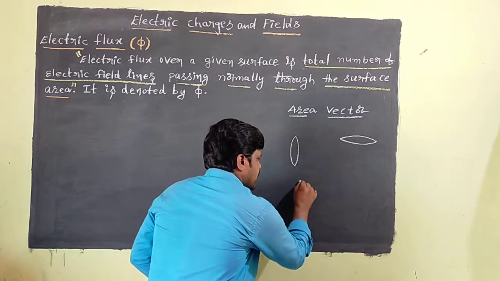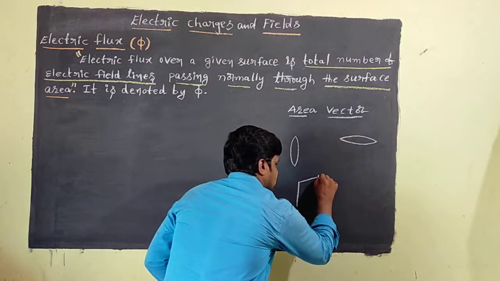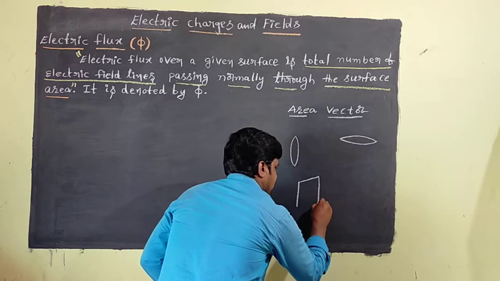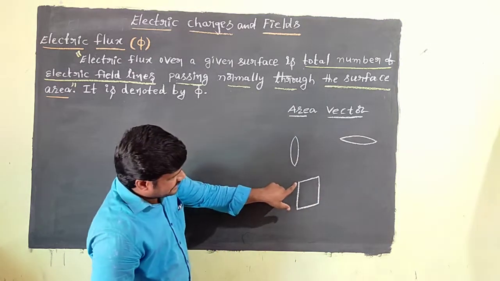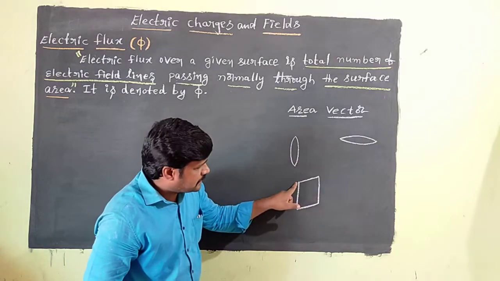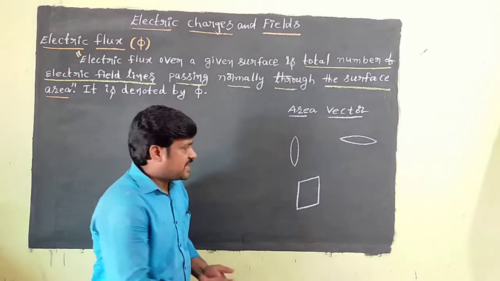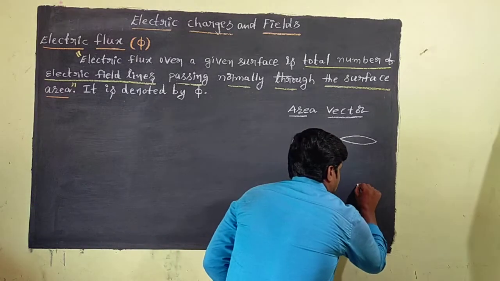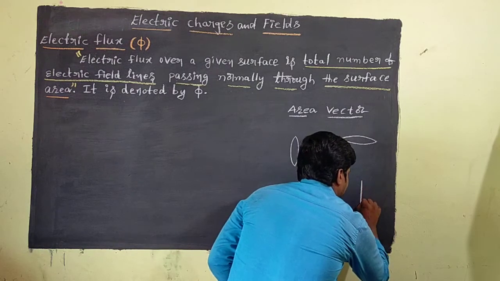I am giving one more example. This is one surface of a body. For this surface, there is a length and a breadth, both are there, so this surface has an area. Here is one more example, another surface of area.